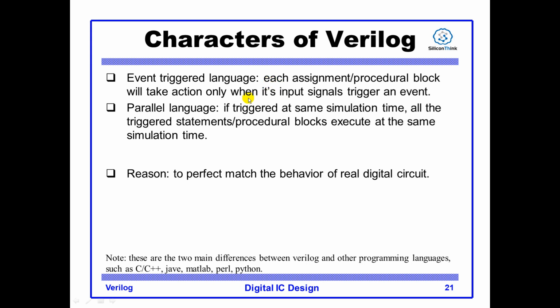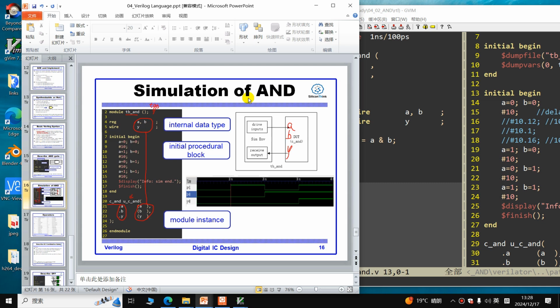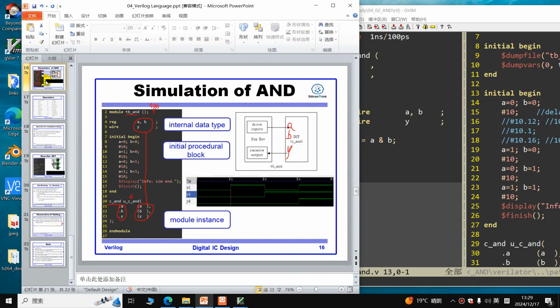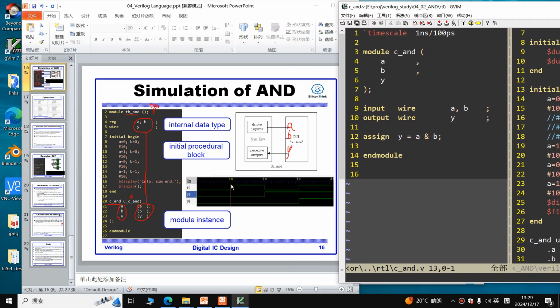So for this statement, the trigger signal is the input signal, that is A and B. Once the value of A and B is changed, this statement will be triggered and executed to evaluate the value of Y. So that's why you may see from the waveform, anytime the value of AB is changed, the value of Y will be evaluated again.